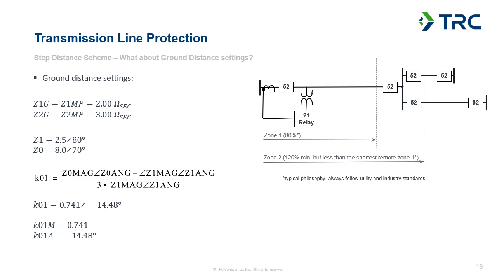And we'll use the K01 equation to calculate a K01 magnitude and a K01 angle. This represents the magnitude shift and the angular shift that we'd expect moving from a positive sequence impedance calculation to a zero sequence impedance calculation within the relay.